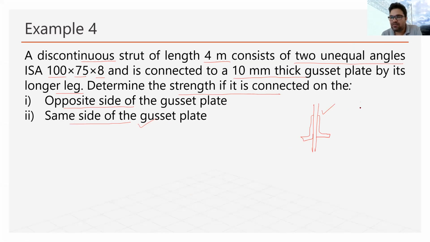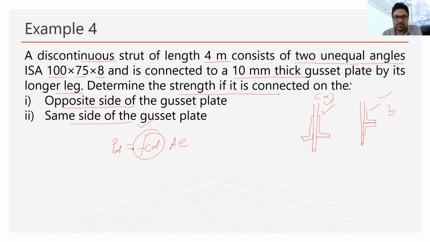Like again, if this is the gusset plate, the angle is provided like this, and the other angle may be like this. So it is provided on the same side. So that is case B, and this is case A. So we have to find out the strength of this double angle system in this case and in this case. Okay, so again, to find out the compressive strength, same formula we will use, FCD into AE.